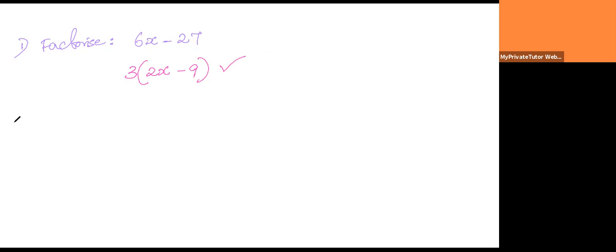So let's try maybe a little difficult question now. Factorize 9x square minus 3x. Please read the question carefully. Maybe let's take it as 6x instead here. How do you factorize? Mohammed, do you have any idea?